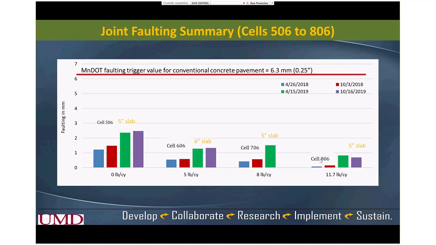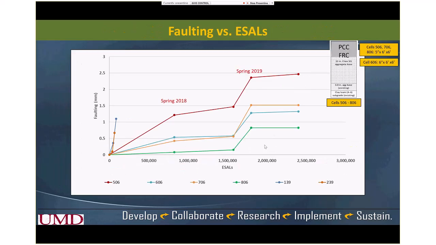806 had the lowest one. Cell 606, which was inadvertently constructed with a 6-inch slab compared to the others' 5-inch slab, has shown similar faulting to cell 706. These results show the faulting versus ESALs.